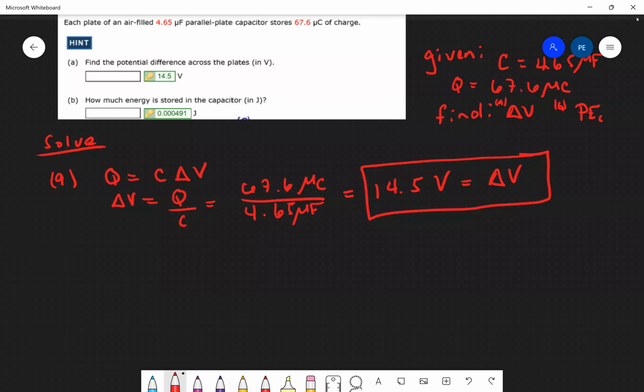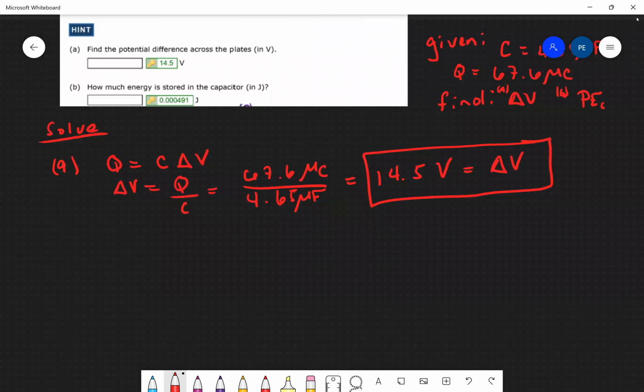Now, the next thing I need to find is the potential energy stored in that capacitor, PE sub C. I have a potential difference, a charge, and a capacitance, so there are a few things I can use.